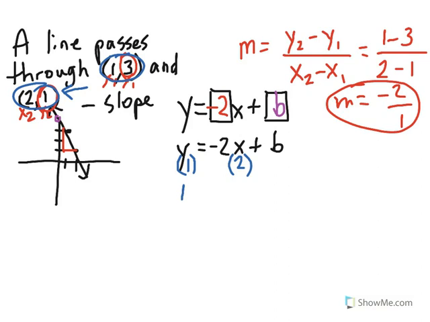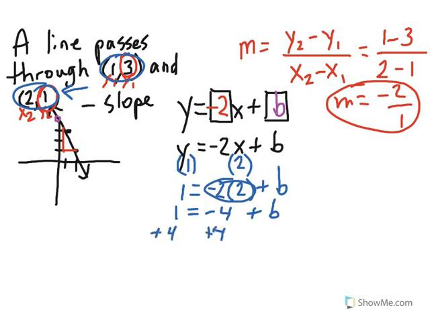I'm going to write this out: 1 equals negative 2 times 2 plus b. Let's solve for b. So 1 equals negative 4, when we multiply those together, plus b. If I want to get b by itself, I'm going to add 4 to both sides, and I end up with b equals 5.